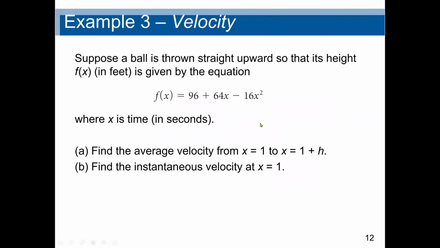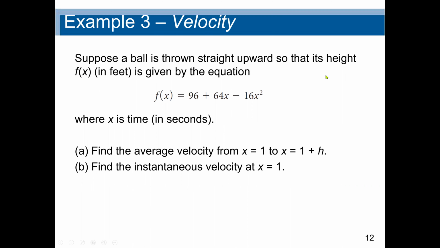So let's see an example here. Now the question here, suppose we have a ball. We throw the ball straight upward so that its height f at s in feet is given by the equation. When I throw the ball upward, the maximum place it reaches in the air, that will be the height from the ground to the air before it drops down, the maximum height.